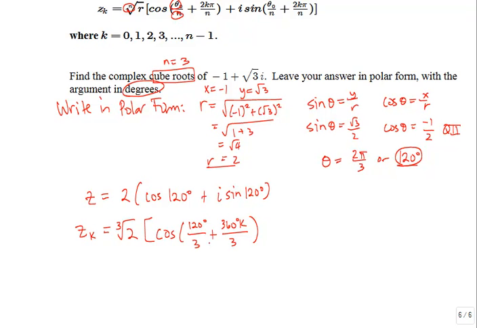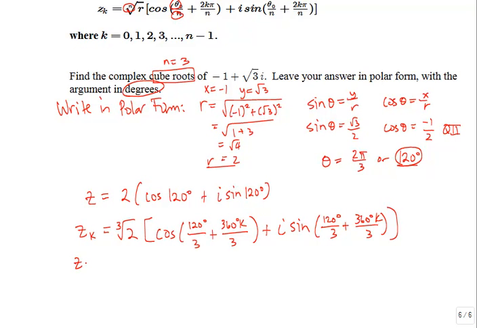So it's the original angle, 120 degrees, divided by 3, plus 360 degrees times k divided by 3. And then we do exactly the same thing for the sine. So this would be 120 divided by 3 plus 360k over 3. So we get this formula where we're leaving k in there as a variable.